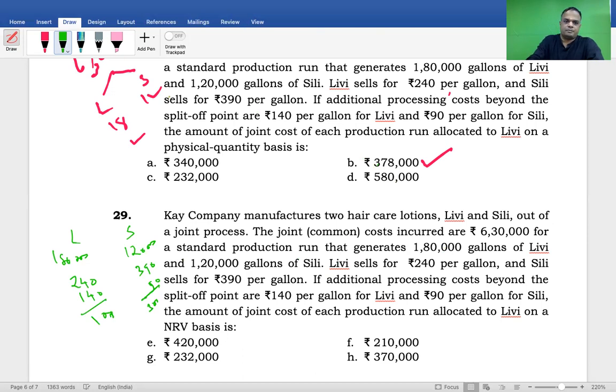So 1,57,500. That answer was missing, am I right? 1,57,500, okay. That's the correct answer, so we have to change the answer. Are you comfortable? Yes, sir. Good.